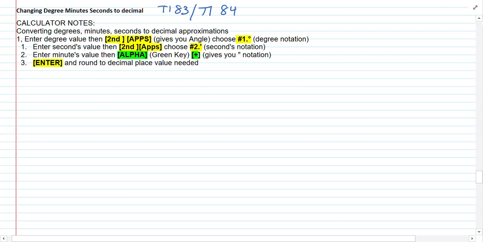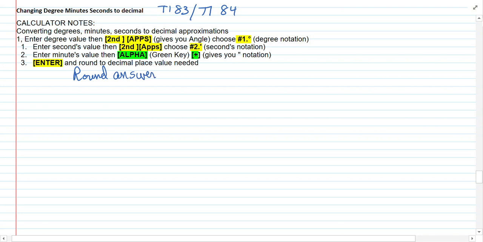Enter minutes value, then you do the alpha, that's the green key, and the plus, and that gives you the quote notation. Enter, and then round the answer to decimal place value needed.